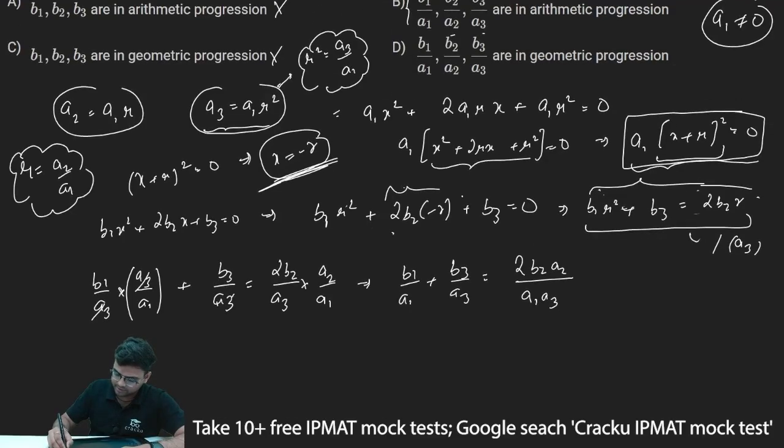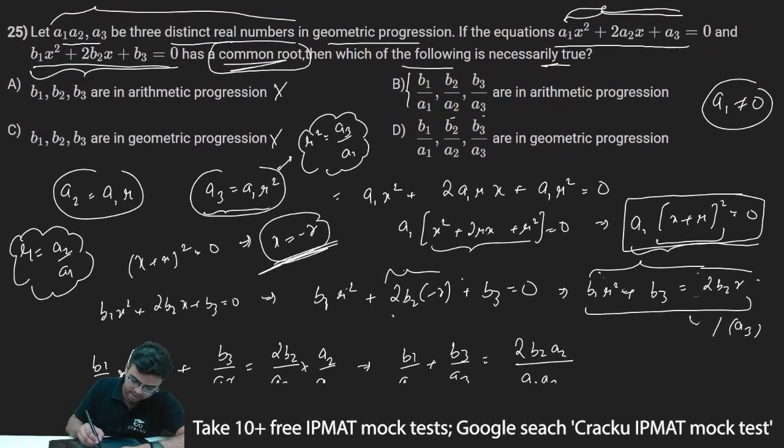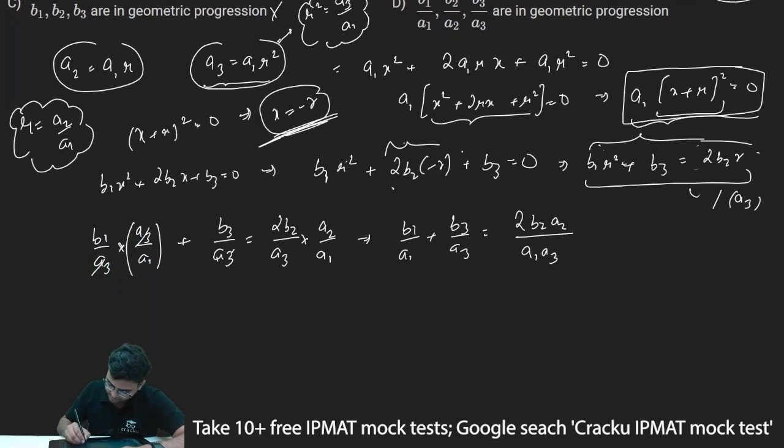Now we are clearly given that a1, a2, a3 are in geometric progression. So I can say a2 whole square should be equal to a1 multiplied by a3, since a1, a2, a3 are in GP. So instead of a1 a3, I can write a2 square. So this will become b1 upon a1 plus b3 upon a3 should be equal to 2b2 a2 divided by a2 square.